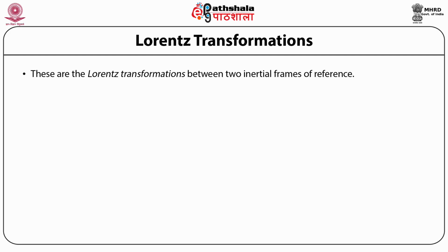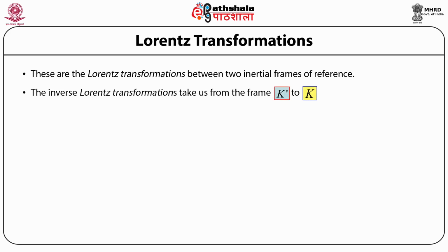And just like we have defined these Lorentz transformations in going from the frame of reference K to the frame of reference K′, in a similar manner, we can also define the inverse transformations in going from K′ to K. What we basically have to do is that the transformations that we defined for x′ and ct′ are now to be defined for x and ct, in terms of the coordinates x′ and ct′.